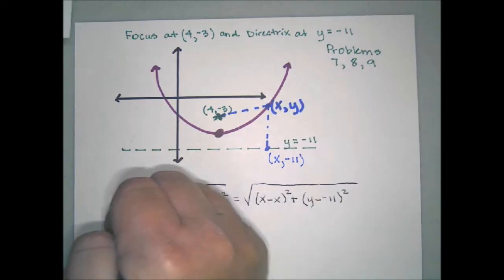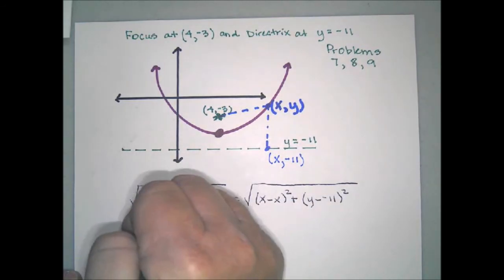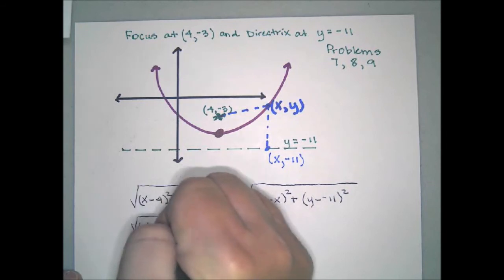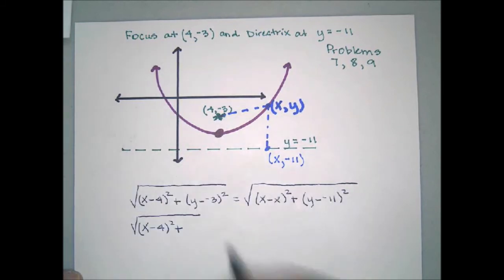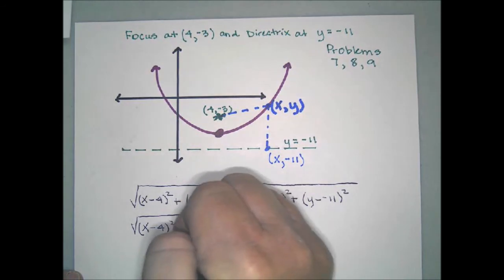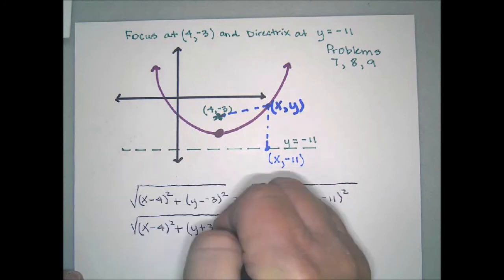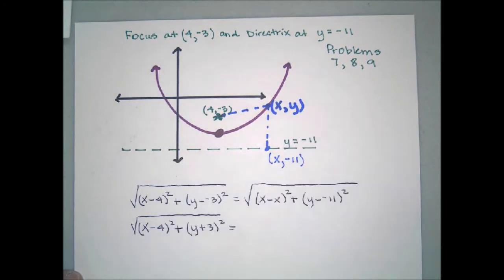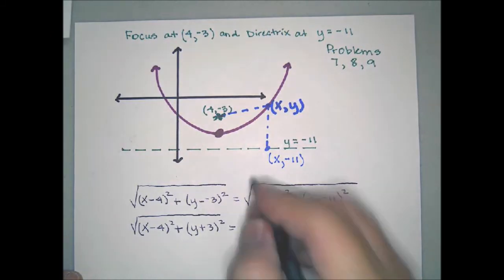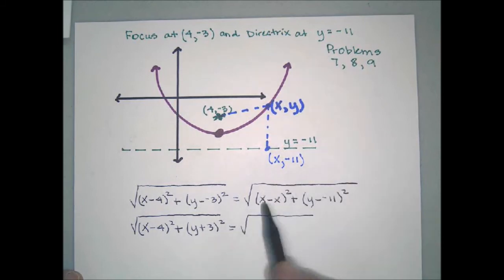Now, we're going to just start doing some simplification. We're not going to do anything over here. x minus 4 squared plus, now the only thing I'm going to do right here is y minus negative 3 would be y plus 3 squared equals, now I can simplify this side a little bit because I know x minus x is 0.